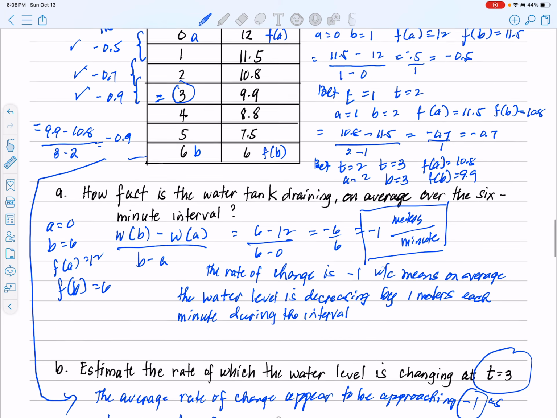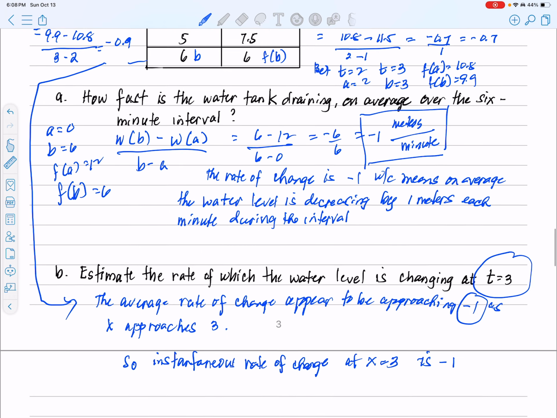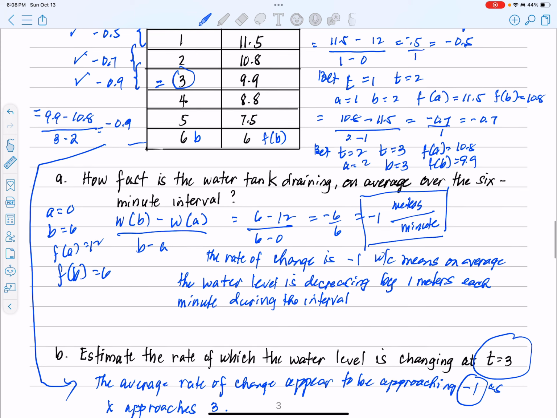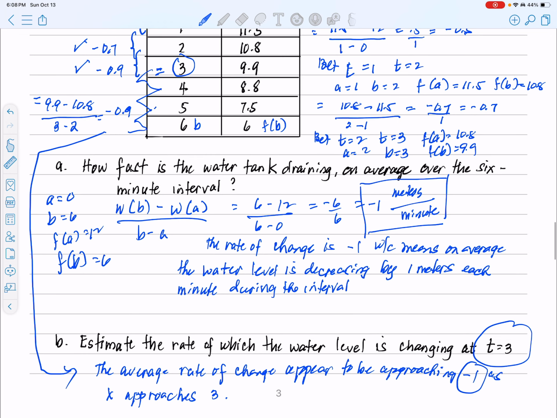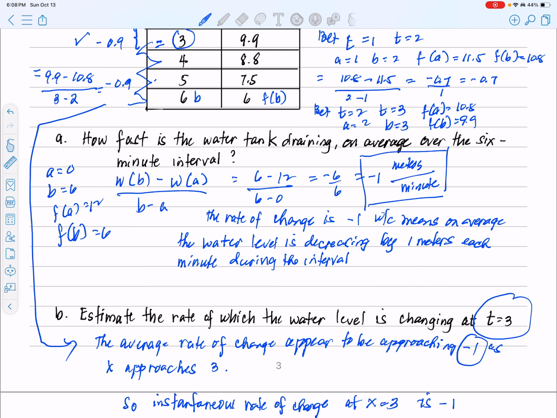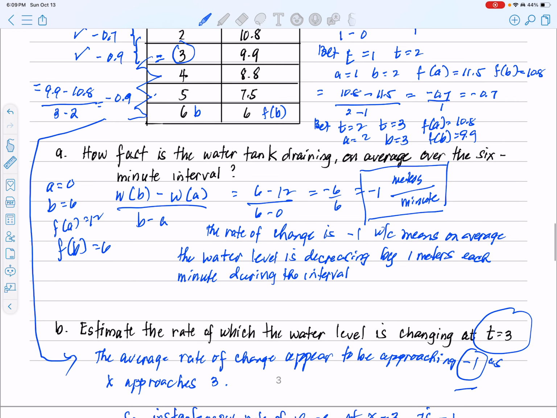You can check from 6 to 5, going that way, then 5 to 4, then 4 to 3. What is the rate of change from the points approaching 3? And check if you still come out with a negative 1 as the rate of change or your instantaneous change.